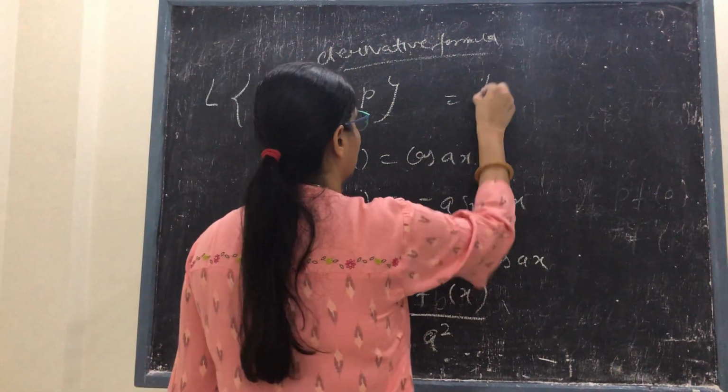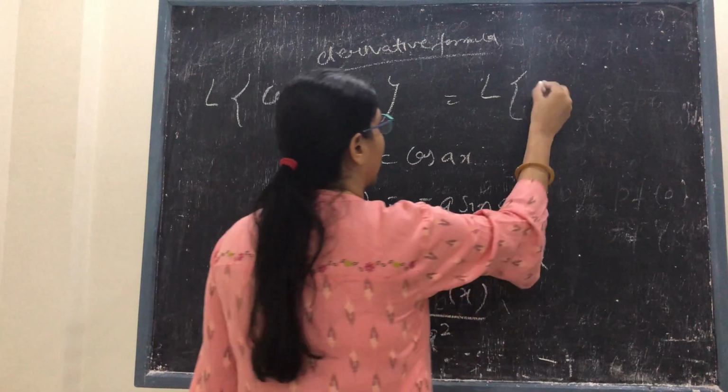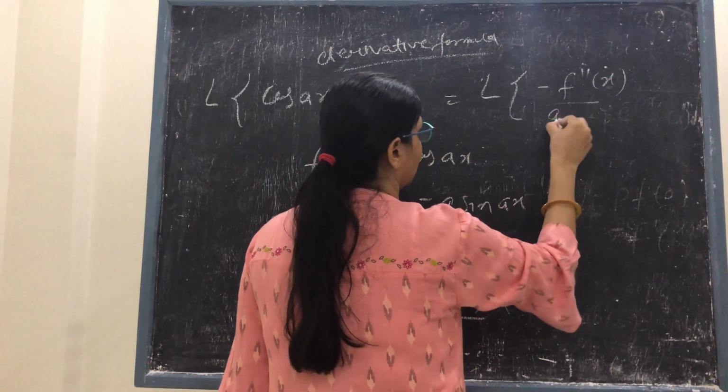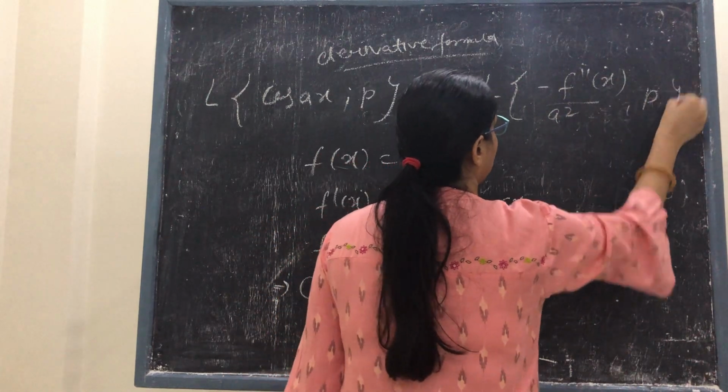It can be written as Laplace transformation of minus of f double dash x over a square p.